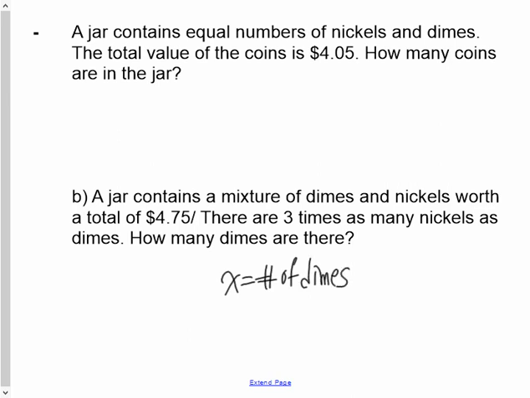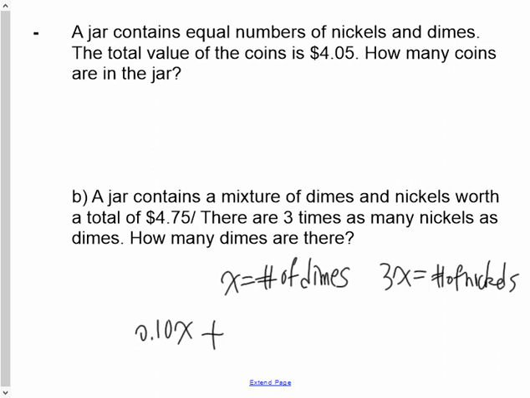X is going to equal the number of dimes. And if we think about this, then the number of dimes plus, now remember, if there are that many dimes, there are this many nickels, because there's 3 times as many.